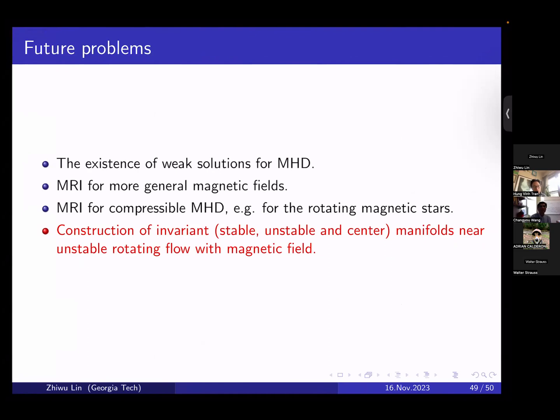Also we're trying to do this for compressible models, especially for modeling rotating magnetic stars. Also, here we get the nonlinear instability from the linear instability. A pretty natural question is, can we construct the invariant manifolds around these unstable steady states? Okay, let me stop here. Thank you.